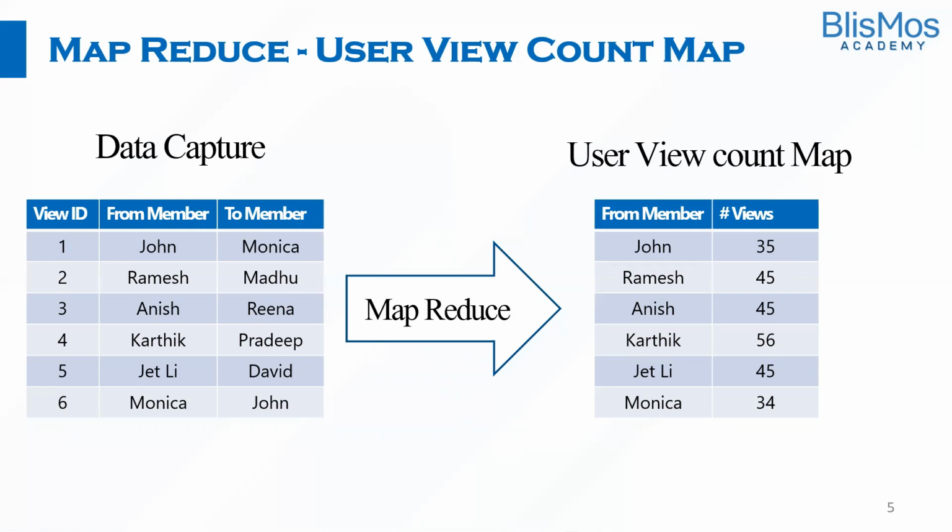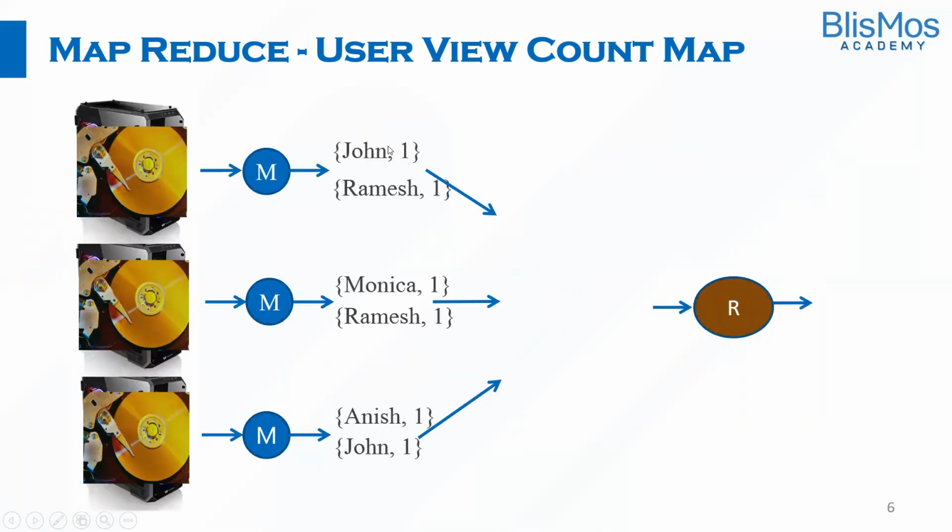How do we do that as a part of MapReduce? As we know, we are trying to have a mapper, assuming that this particular data is distributed across these three systems. The first and foremost thing is we need to see whose profile, that is the name of a person, and we have to give a value for that. So the name of the profile is the key and the view is the value. We have to produce these key value pairs from each of the user views.